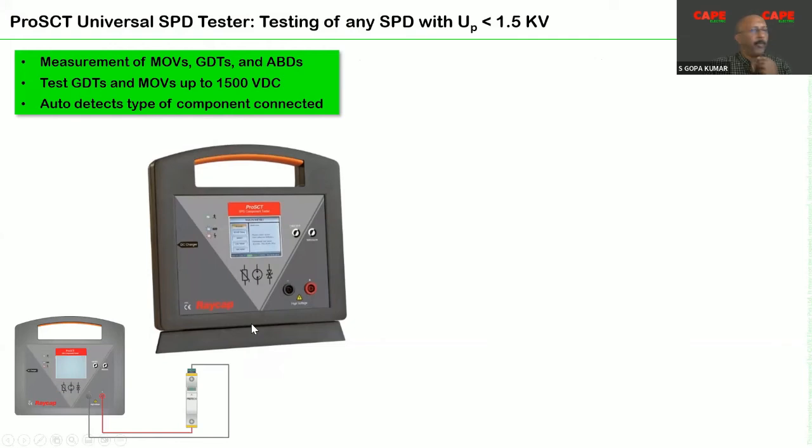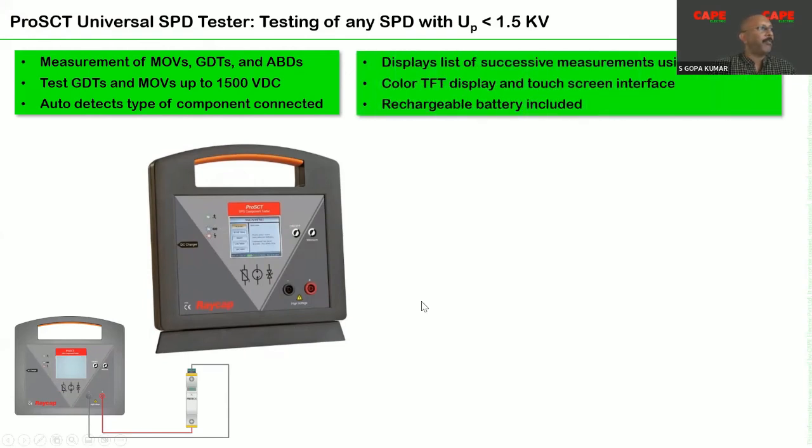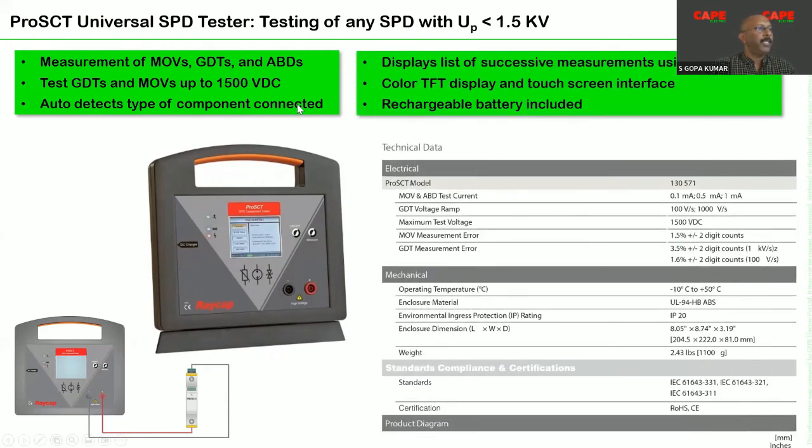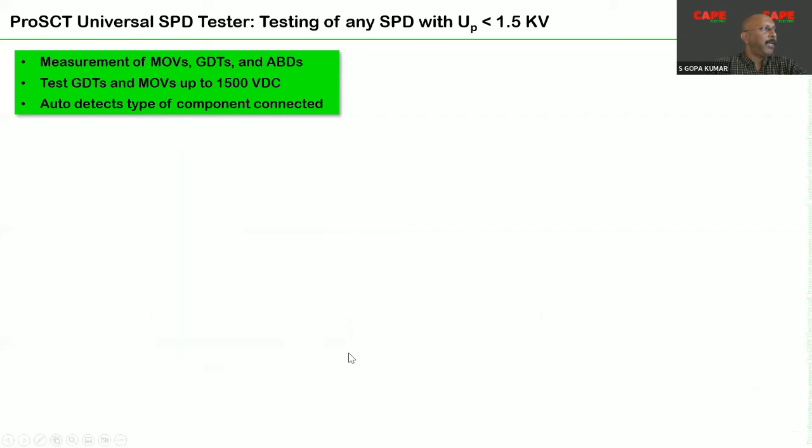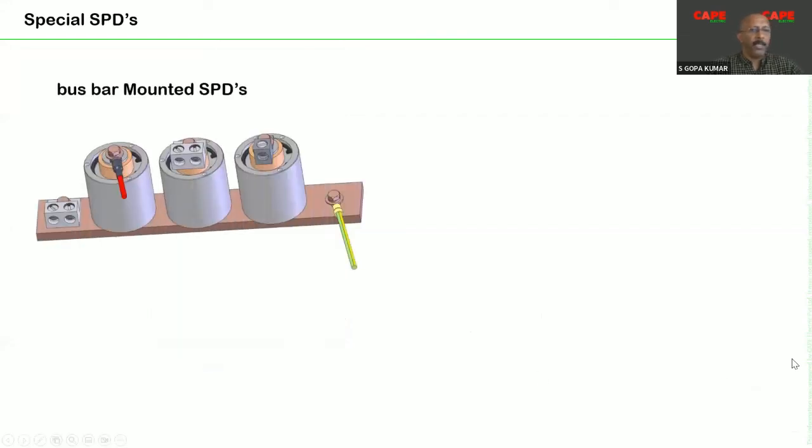It actually puts an impulse voltage into your equipment, and it tells you either the spark over voltage, or the voltage at 1 milliamp, the protection level or the clamping level of your MOV. So these devices can be used for testing your SPD.